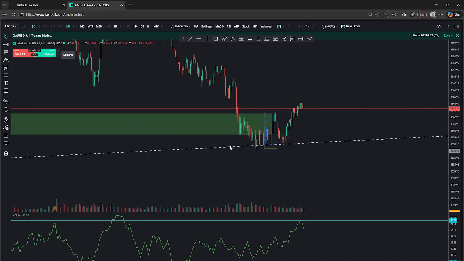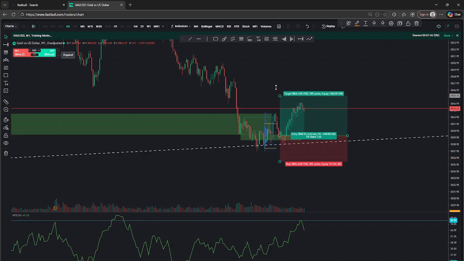So we have this internal Q1 available. So a trade was supposed to be from here. So 25 pips stop loss as usual.